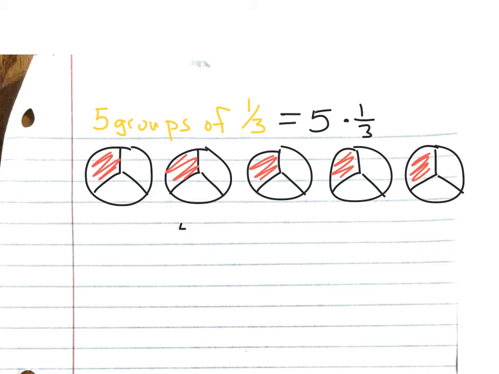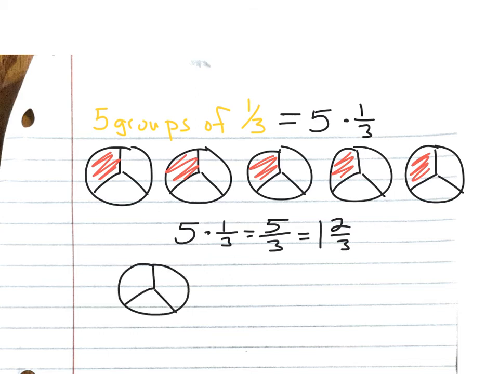So when we take 5 times 1/3, we end up with 5/3, which would be the same as 1 2/3. If we wanted to see that visually, okay, here's my first third, my second, my third. So now I need an additional circle, my fourth, and my fifth. And then we can see that all together there's 1 2/3 shaded.